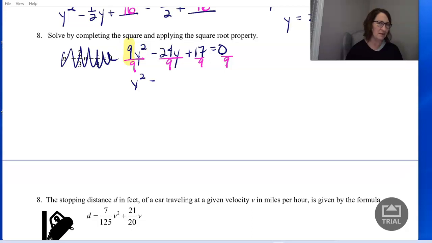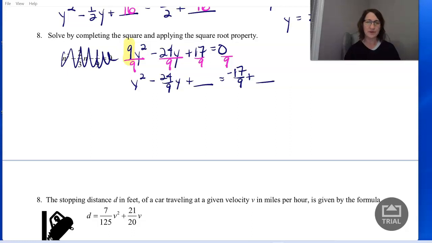Let me think here a minute. Actually, I can't. That's just going to stay 24/9 y plus blank equals negative 17/9 plus blank, because 0 over 9 is 0. All right, now let's figure out what goes in that blank.